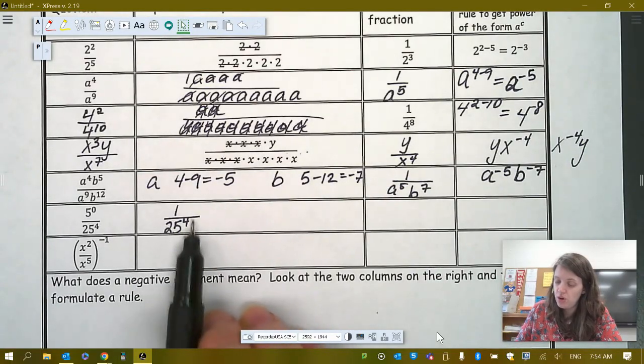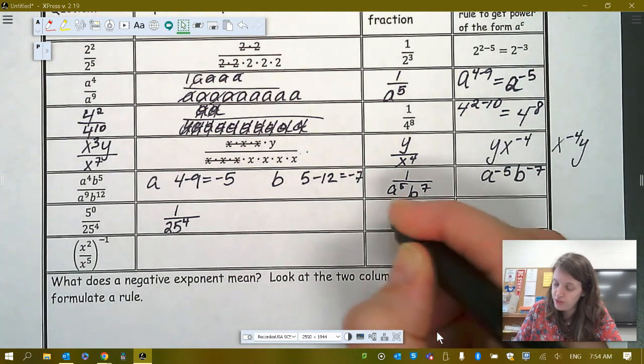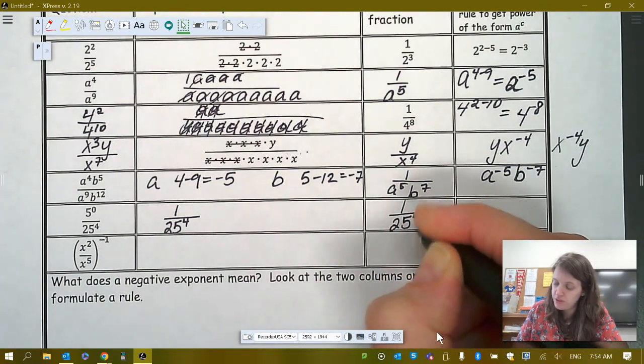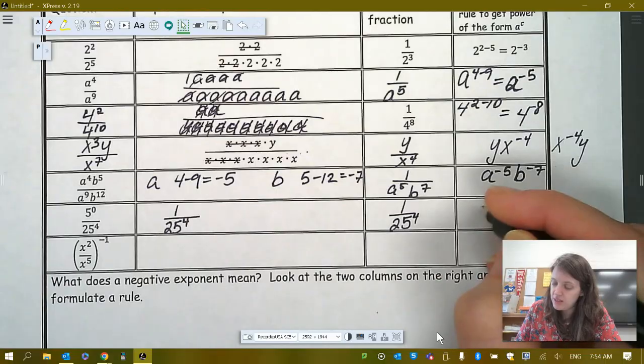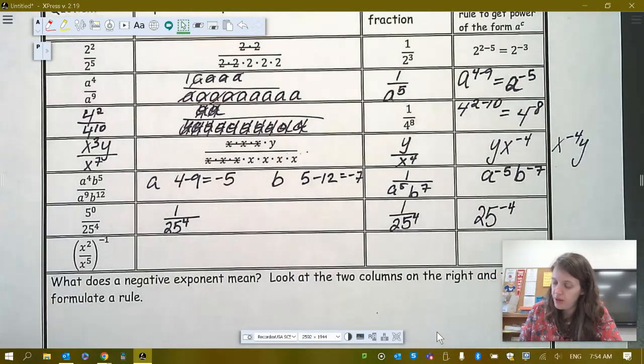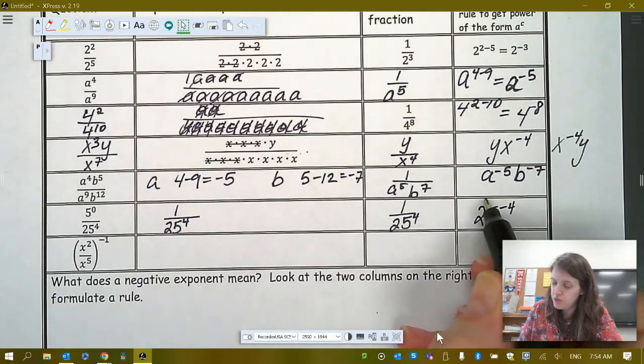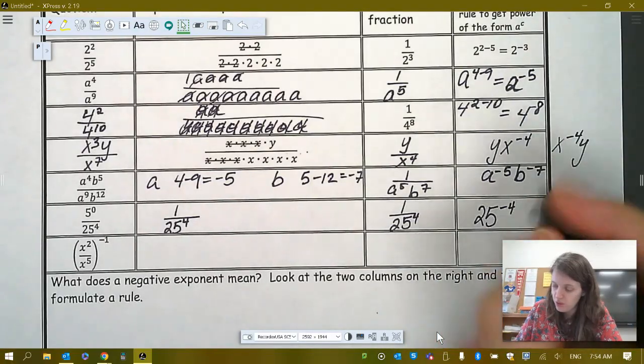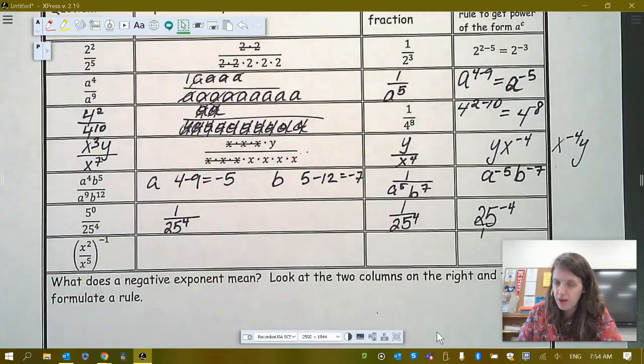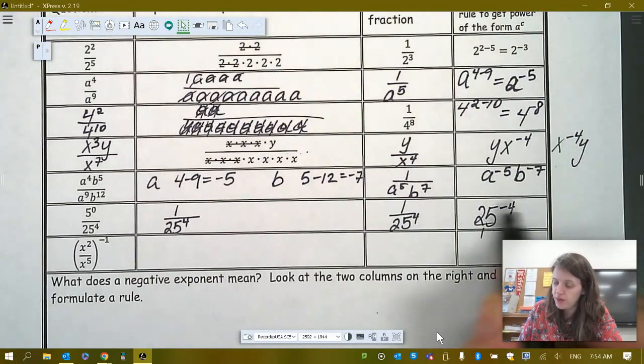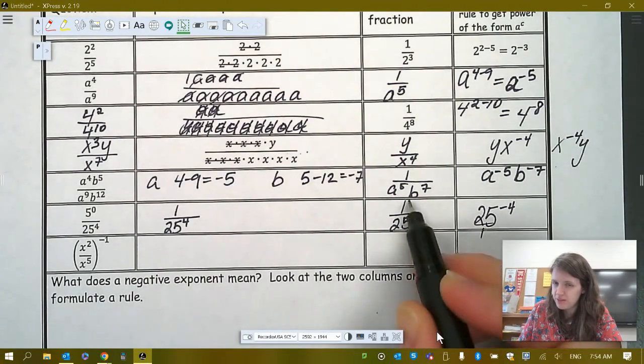So if this is 1 over 25 to the 4th, you would think this would actually be 25 to the negative 4th power. Okay, so I've taken that 4, I've moved it up to a whole number. There's still a 1 on the bottom. You can think about it that way. But this negative 4 is the same as this positive 4 when it's a dividing problem.